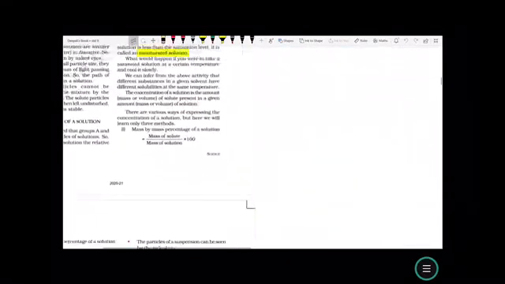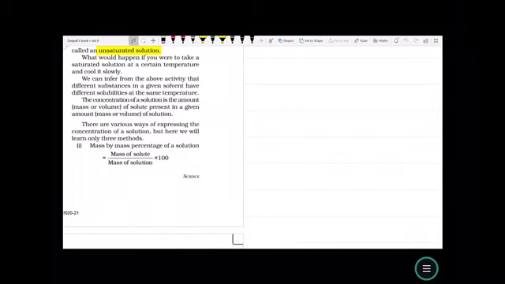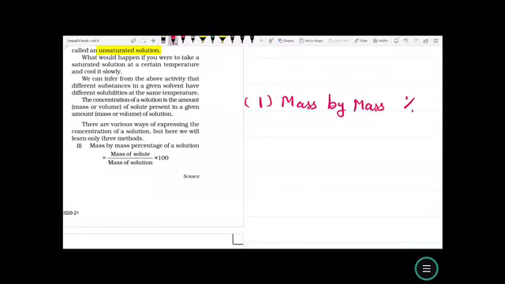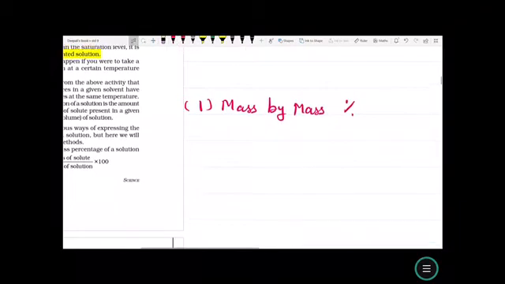Now, you might get confused about which formula to use when. It's very simple to use this. For the first one, if we try to observe, it is mass by mass percentage of solution.